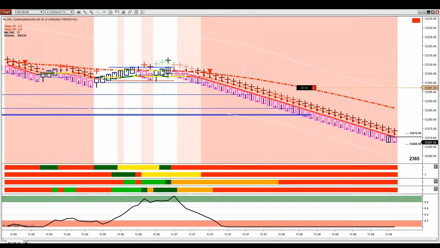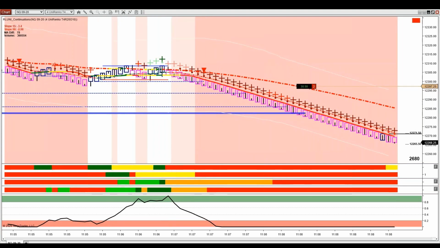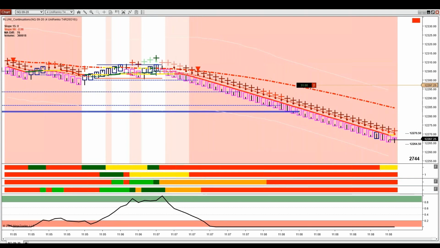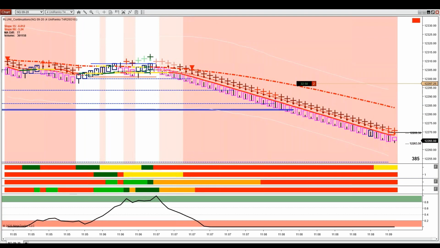But remember, you hit your first target, you've got yourself 150 bucks in the bag, and you cannot lose more. So if you don't get a runner, no big deal. If you get your home run trade, you're done. Here's 32 points.